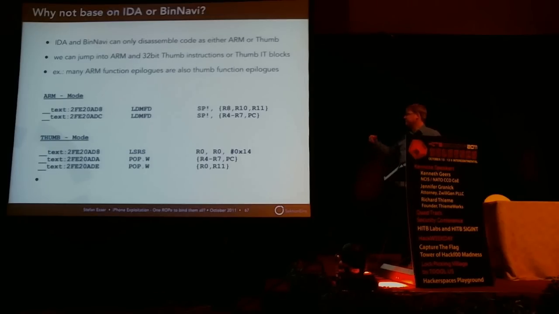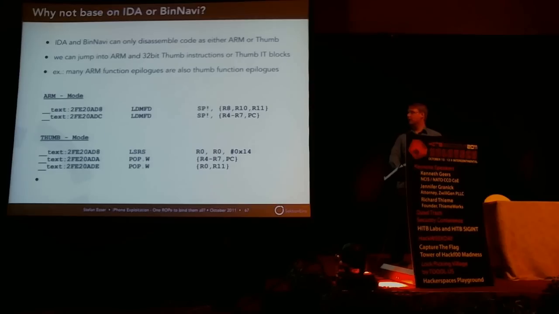And when you disassemble the same bytes as thumb, you will see it's shifting around the R0 register and then pops some registers, including the program counter. So it's also a return of a function. And all these things will be missed if you use something like IDA or BinNavi as a base.